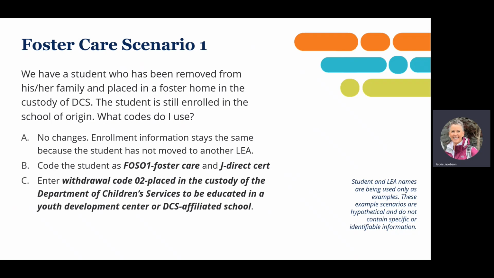B, code the student as FOS01 foster care and J-Direct Cert? Or C, enter withdrawal code 02, placed in the custody of the Department of Children's Services to be educated in a Youth Development Center or DCS affiliated school. I'll give you a couple of seconds to think about your answer.